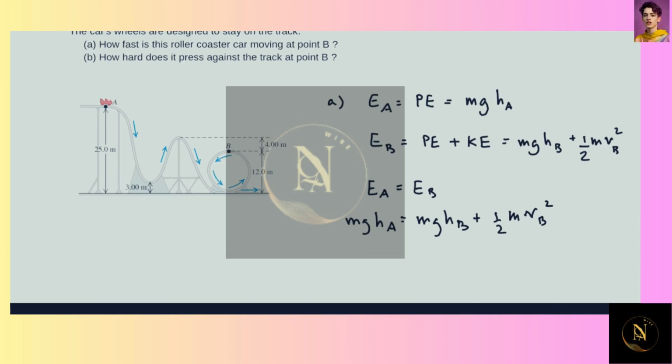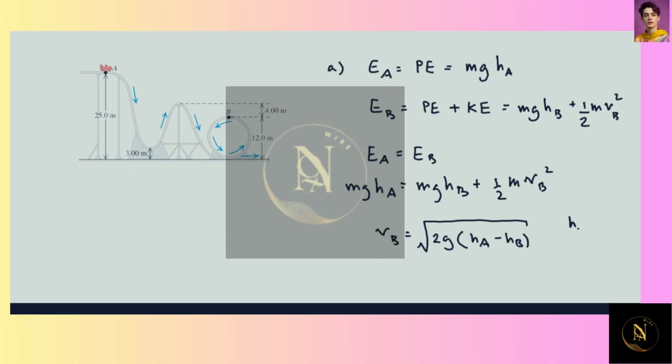So now let's solve for the velocity at point B. We'll find that the velocity at point B will be equal to the square root of 2 times g times HA minus HB. So with HA equal to 25 meters and HB equal to 12 meters, we'll find that the velocity at point B is equal to roughly 16 meters per second.